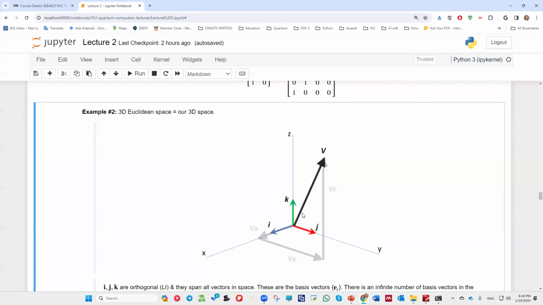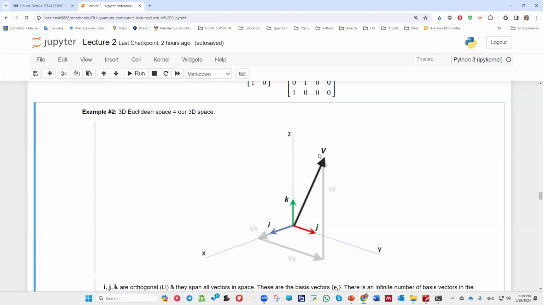Okay, including this arbitrary vector v, which, for example, indicates my position in the room.